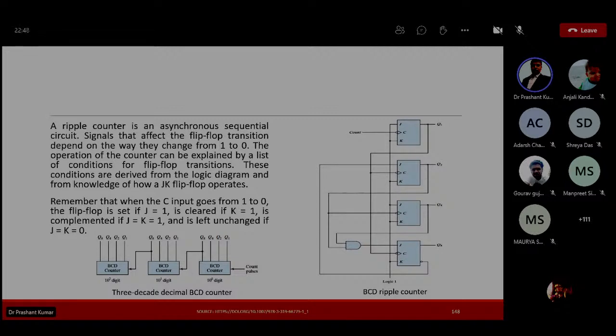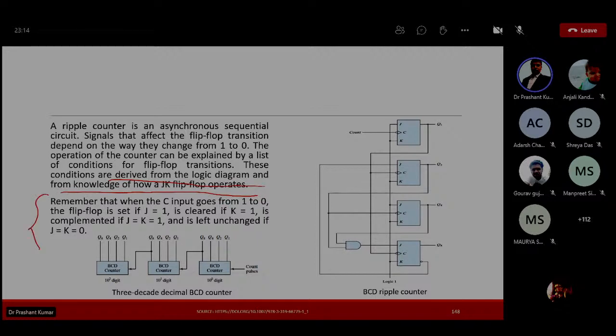A Ripple counter is again a sequential circuit. The signals that affect the flip-flop transition depend upon the way it changes from 1 to 0. These conditions are derived from the logic diagram and from the knowledge of how a JK flip-flop operates.